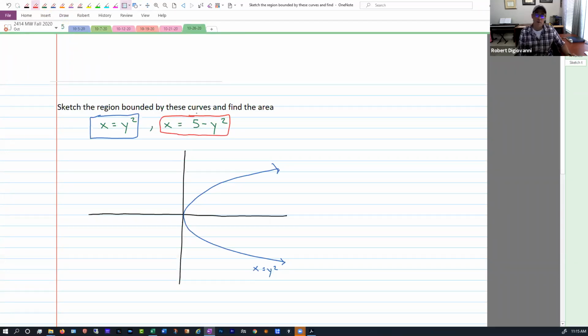That one opens up to the left and it's shifted to the right 5. So 1, 2, 3, 4, 5, and this parabola opens up like this. Now the region that we're looking for is this region.